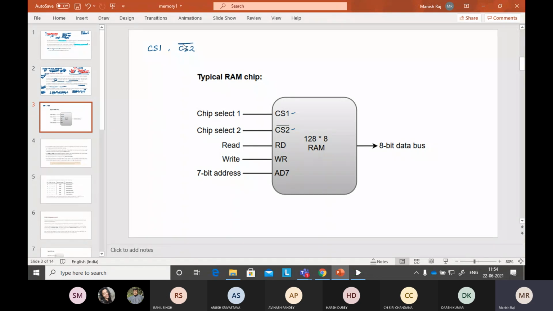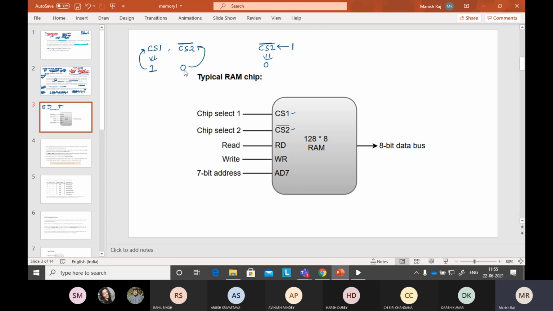Already in the digital design class, you can understand that if I provide 1 to CS1, then it will be enabled. If I provide 0 to it, then it will be disabled. If I provide 1 to CS2, then CS2 will convert it to 0, so it will be disabled.